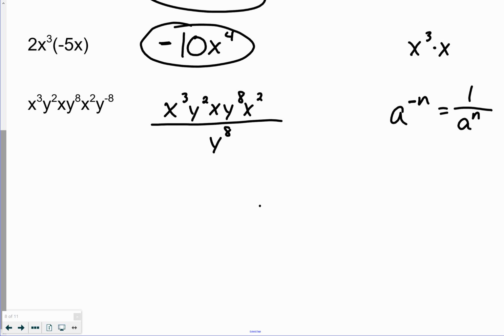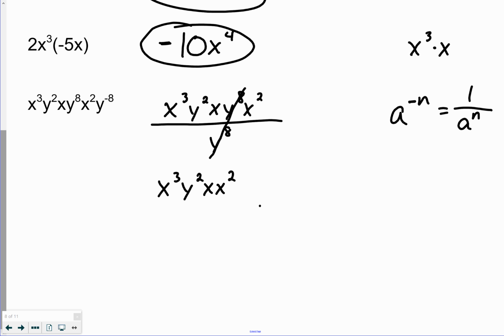But I see y to the 8th power and y to the 8th power. And y to the 8th power over y to the 8th power is going to be 1. So those are gone. Don't need them anymore. So now I have x cubed, y squared, x, and x squared. So it's short-lived, but we no longer have a denominator anymore.